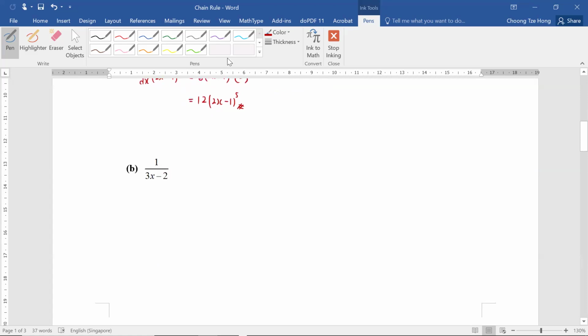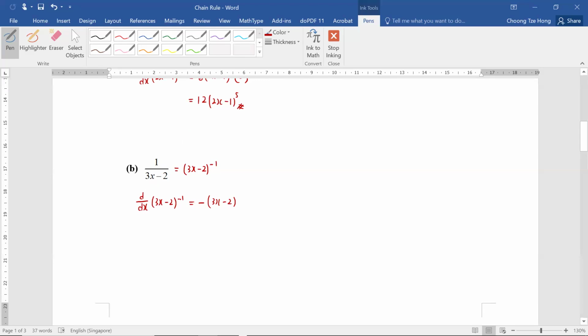The next one is 1 over 3x minus 2. We need to prepare this function to a form that is suitable for differentiation, so we write it as (3x minus 2) to the power of negative 1. This is what we're going to differentiate. Same thing, bring the power in front, so the negative 1 goes in front, we just write negative, then 3x minus 2.